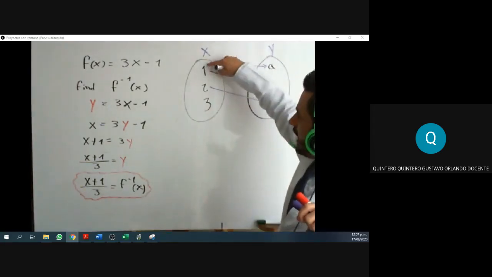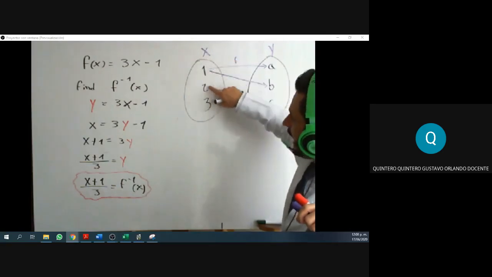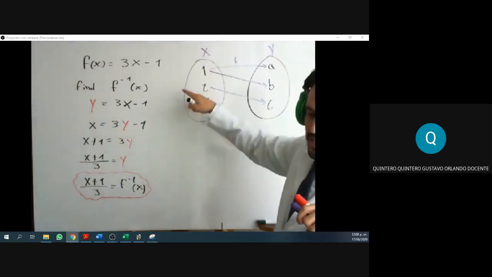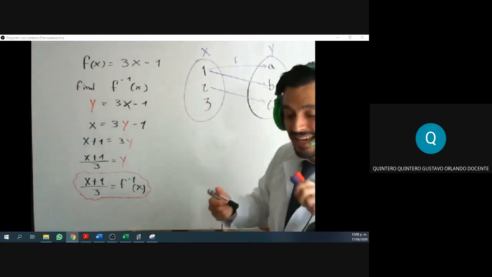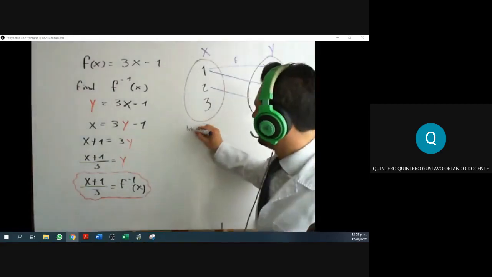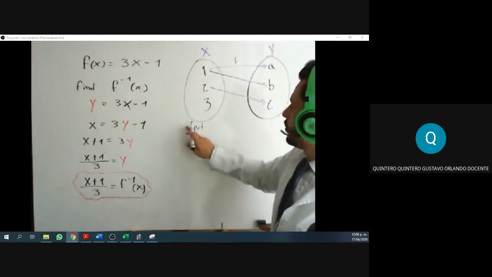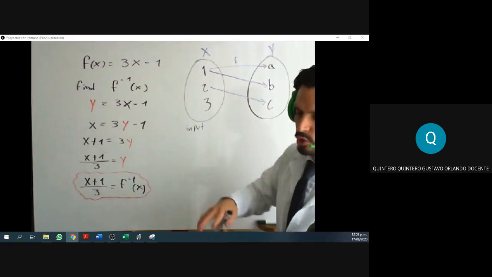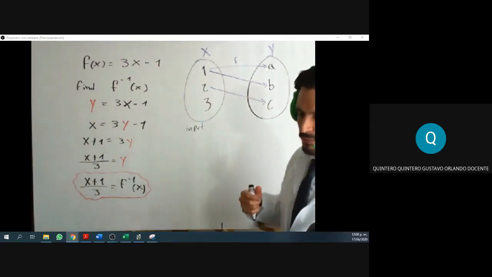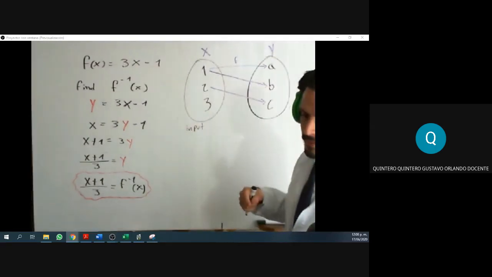So if we happen to have one element in the first set, so one element in the input, that is the name of the first set, the input, let me write it here, input. You guys saw this with me, right?